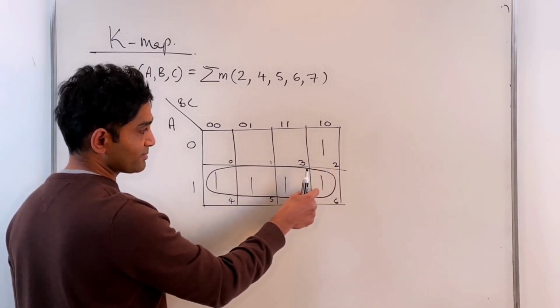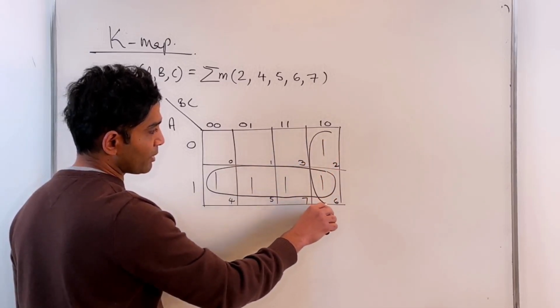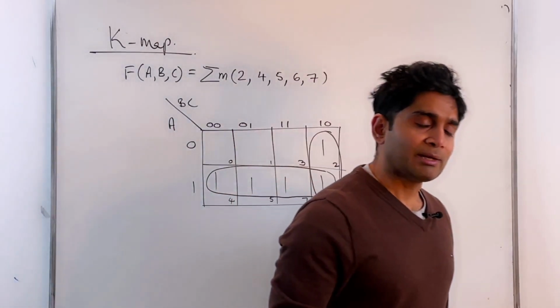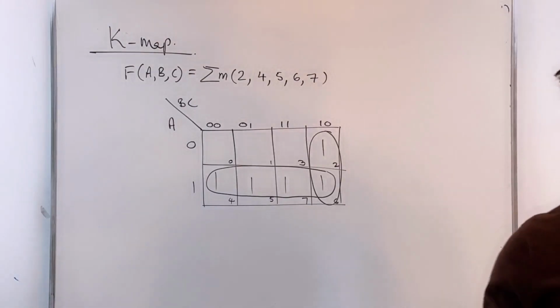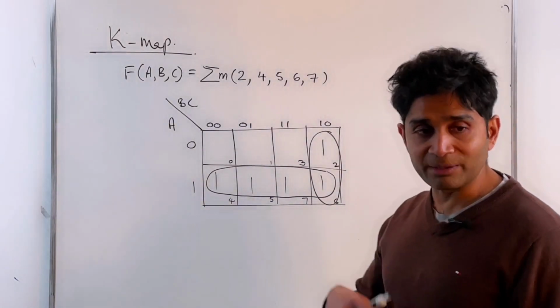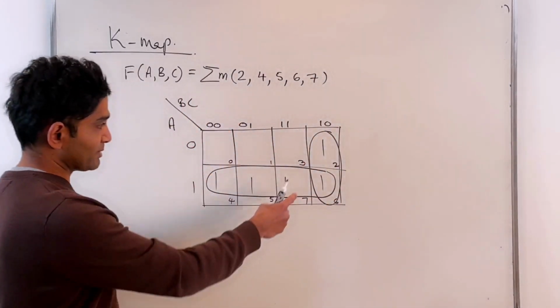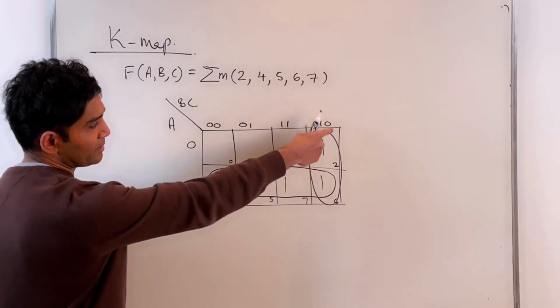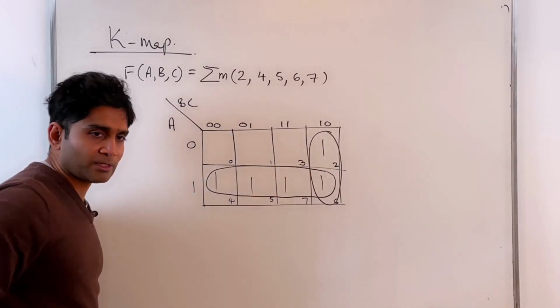I can reuse this cell and combine this, because every time I combine them into a larger combination, I'll be able to get a more simplified function. So if I need to, I can reuse the cells that are already being combined. For example, this cell has already been combined with this cell. I can still reuse that with this adjacent cell.